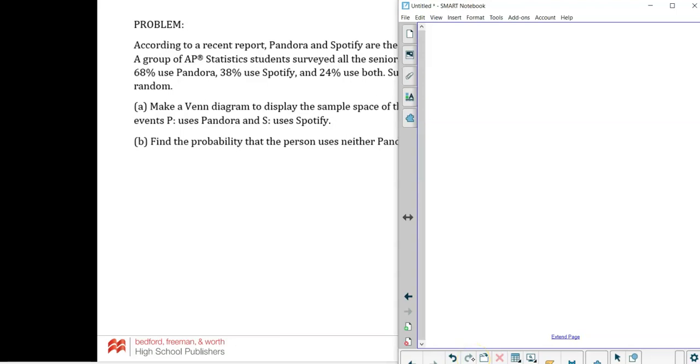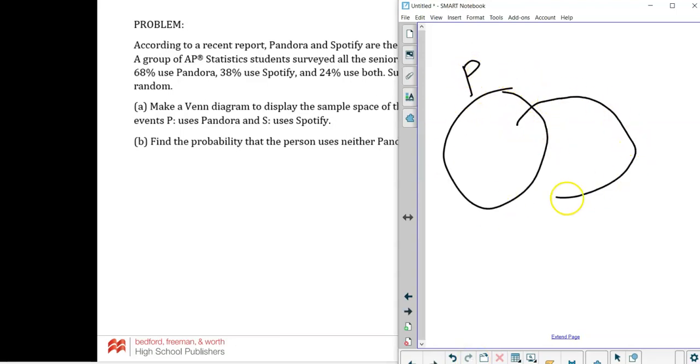So we're going to do a Venn diagram. We're going to say this is P for Pandora and S for Spotify. It's hard to write on this. Both is 24%, so 0.24 is in the middle. Spotify is 38, so 38 minus 24 is 0.14.